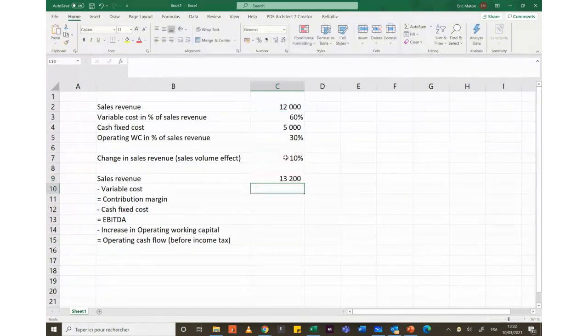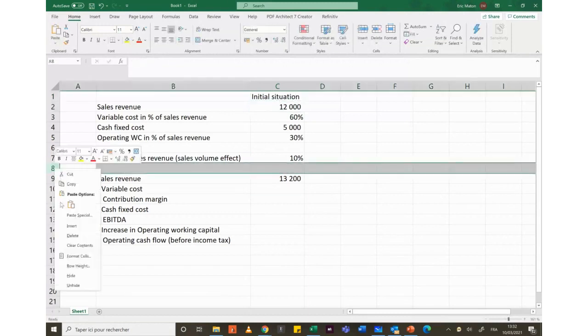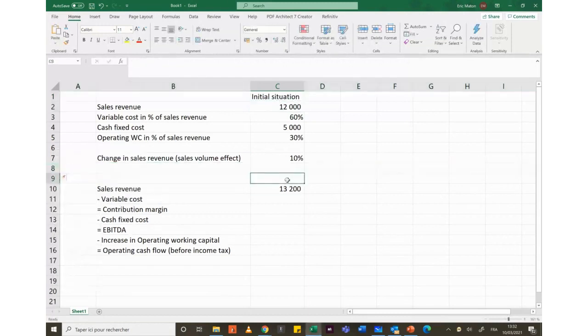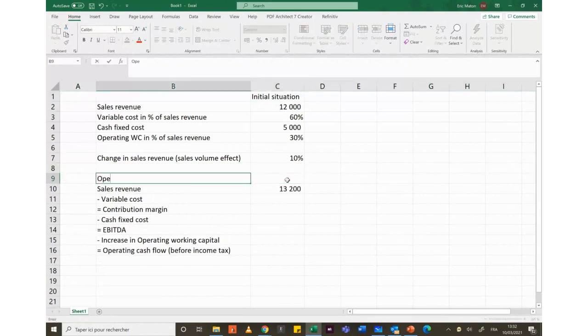So here is the initial situation. And here we have the operating cash flow calculation after change in sales volume. Okay, so here we have the inputs.